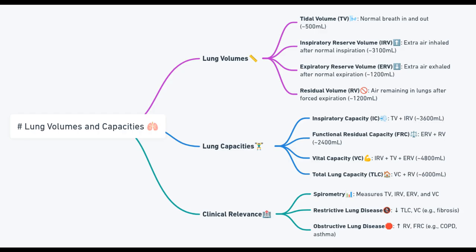But when you have your FEV1 FVC ratio 62%, which is below the lower limit normal, which is 70%, then you can think of an obstruction or obstructive lung disease.